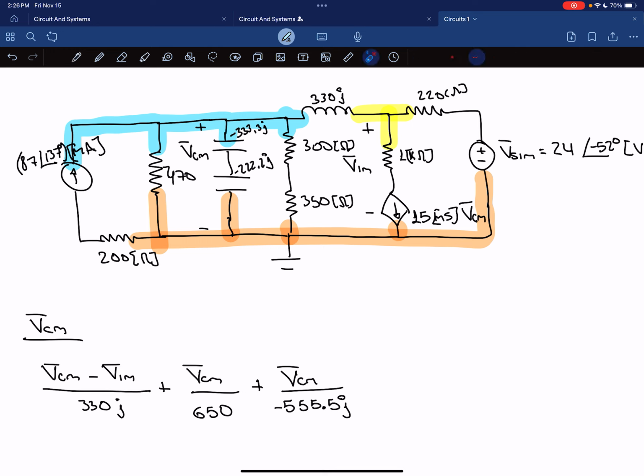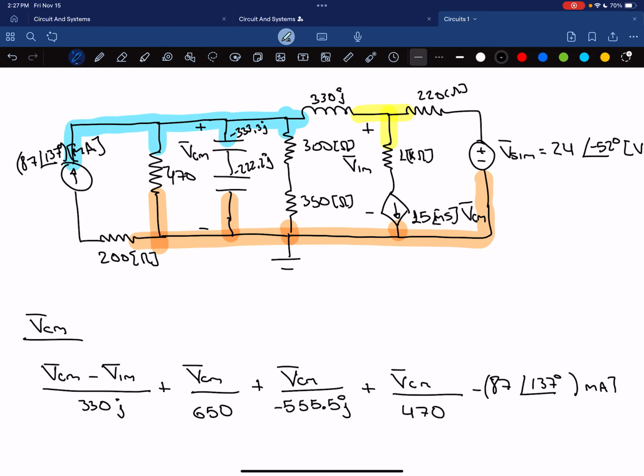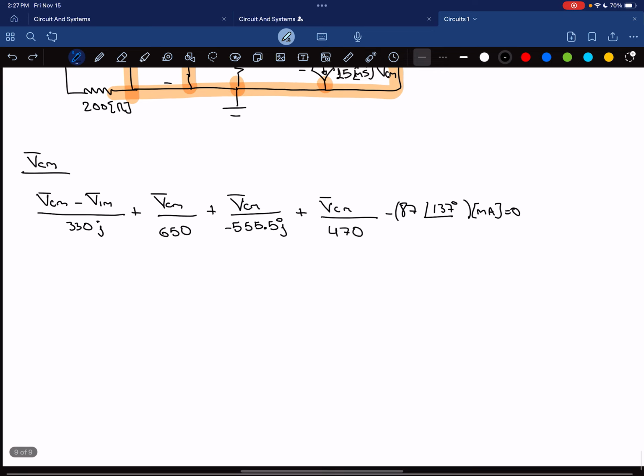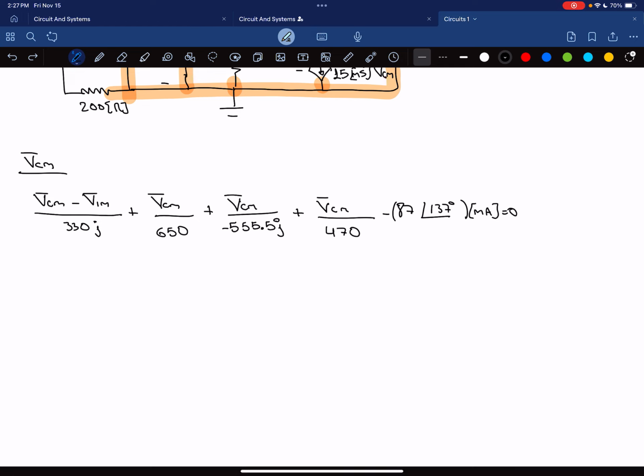Now we're going to do this one plus BCM over 470. And then we know that the last one is a current going in, and we define that whenever it goes in, it's negative. So minus 87, angle of 137, and we know that this is in milliamps. Don't forget. What it basically means, you multiply this by 10 to the minus 3. So you can let the calculator do that.